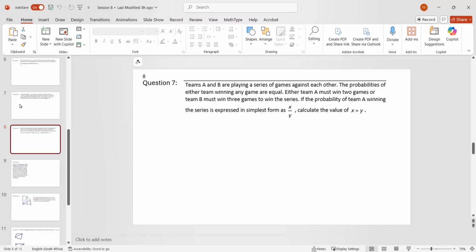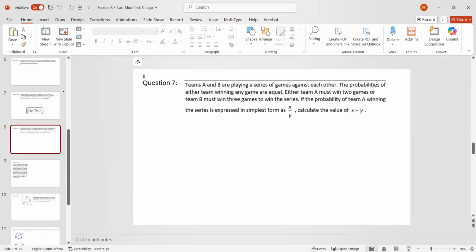If you follow English soccer, Arsenal and Liverpool are numbers 1 and 2 at the moment. So they probably got the same strength. Now the probabilities of either team winning any game are equal. Either team A must win 2 games or team B must win 3 games to win the series.